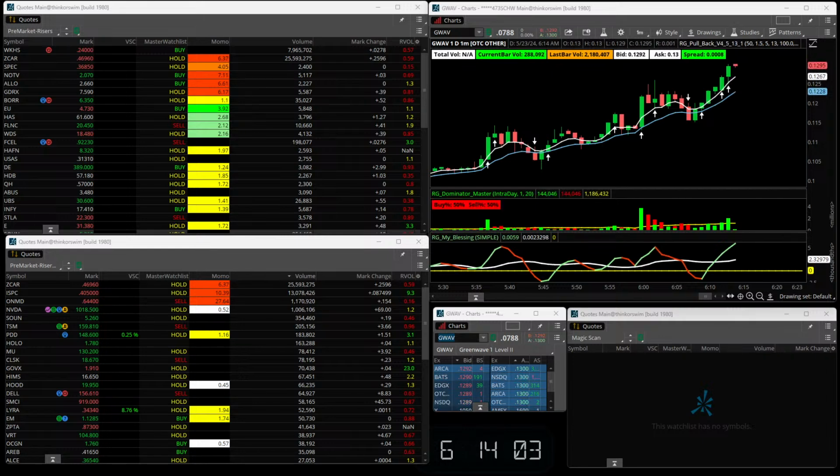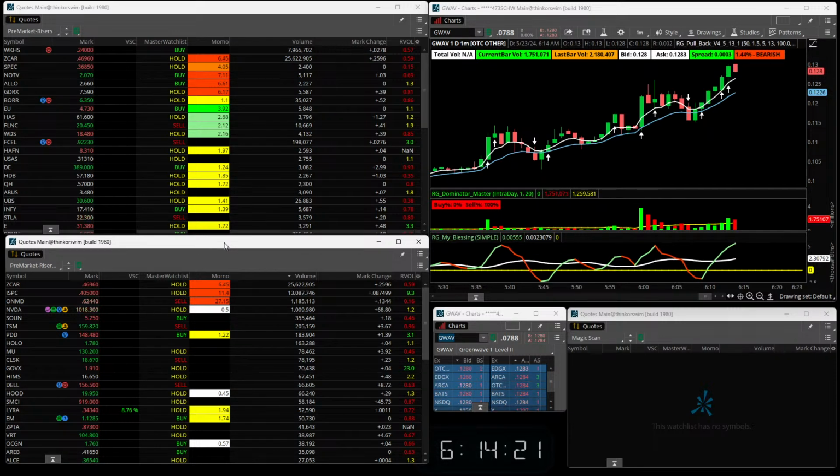Still rising. Dominator bars look good. They're getting taller. Hopefully this one gets even taller. My blessing indicator looks good. Looks like we might push higher here.